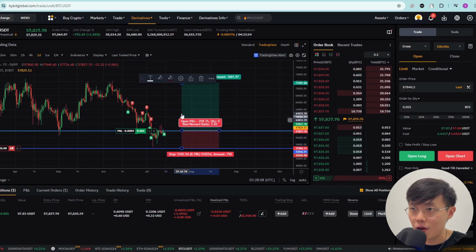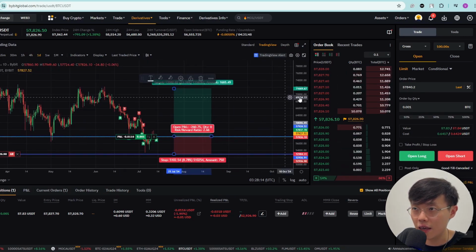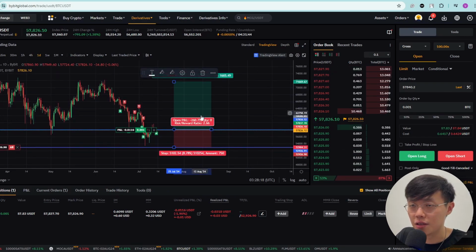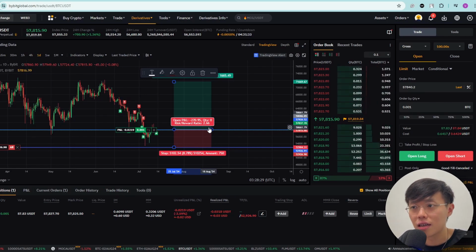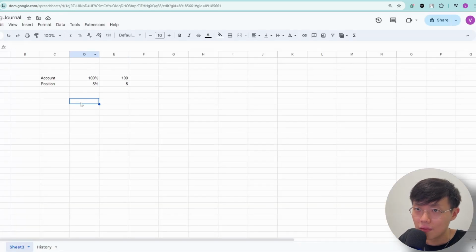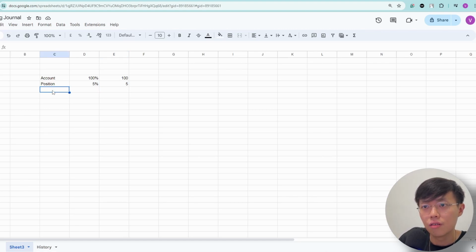If the price goes up and reaches this level, 71.6K, with a risk reward ratio of 2.66, I'll use 5 USD times 2.66, and that's my expected earning.